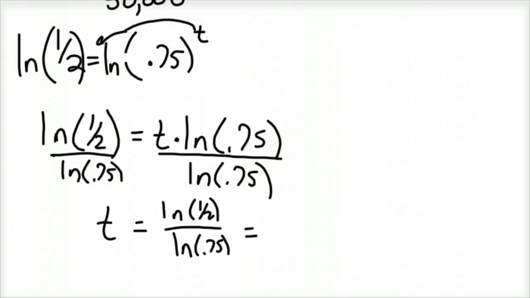The half-life for this particular car is approximately 2.41 years. You could calculate that down to the month or the day if you wanted to. But in approximately 2.41 years, that car is going to be worth half as much.